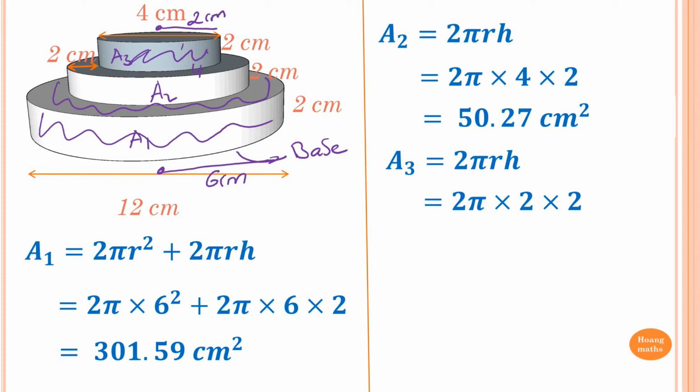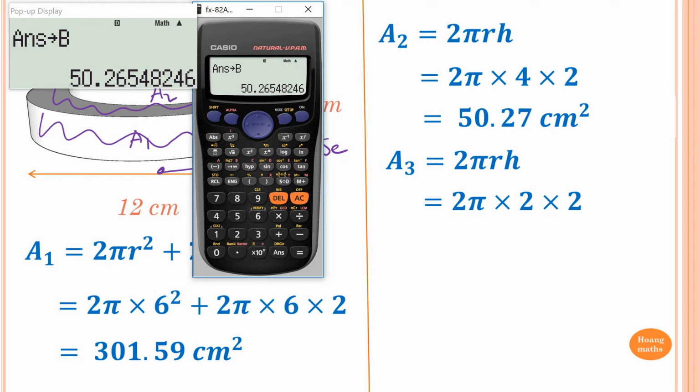Or you can write 8 pi on your calculator. 2 times 2 is 4, 4 times 2 is 8, so 8 pi. Otherwise, just put 2 pi times 2 times 2. It doesn't matter. So 8 pi is equal to this.